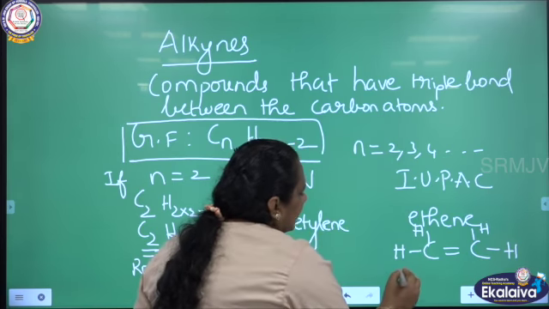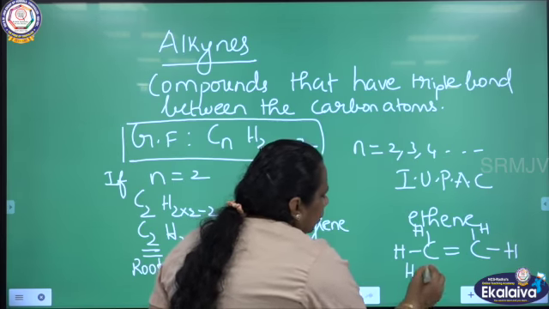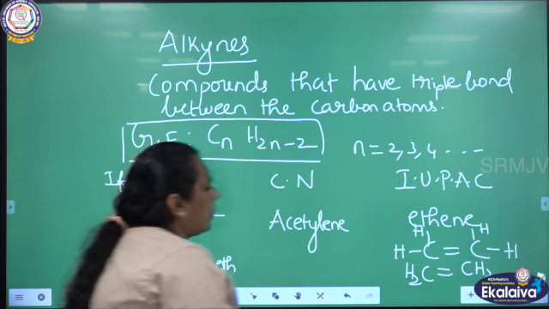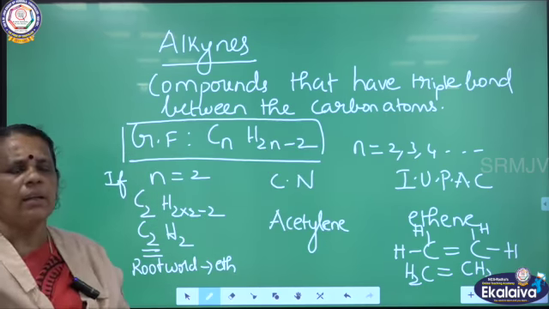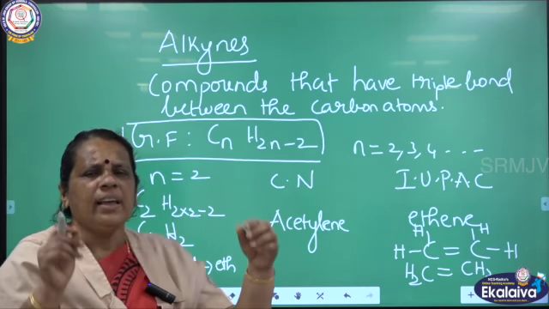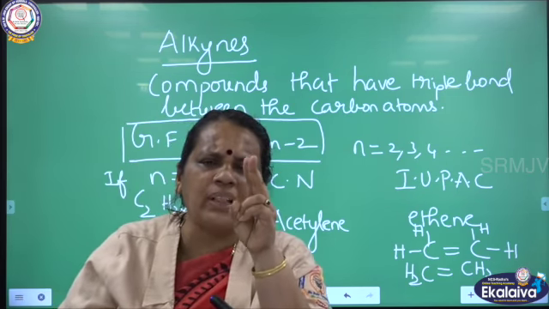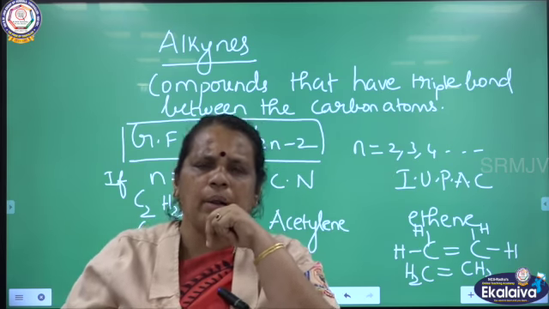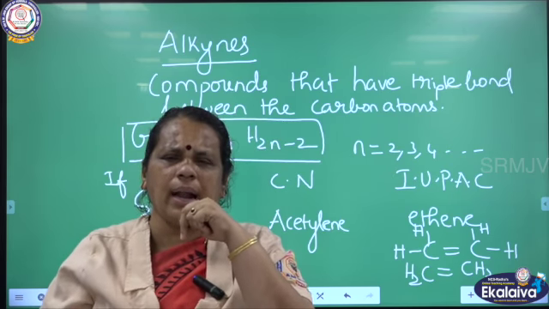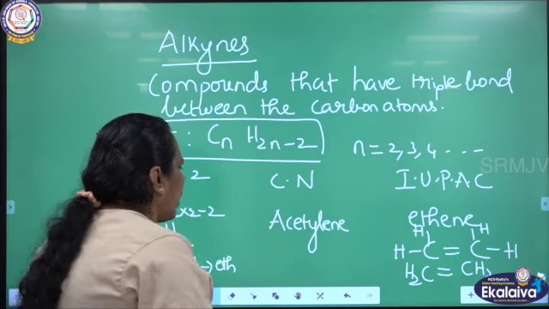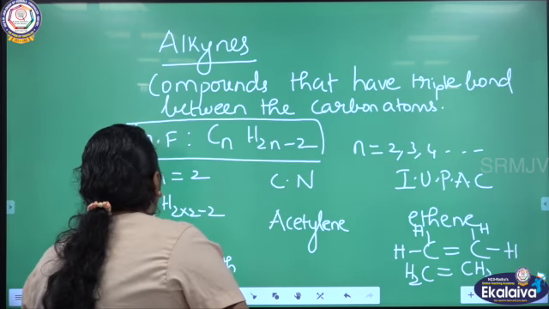So I will write the condensed formula: CH2 double bond CH2. What is the name of this compound? Ethene. So I have substituted n is equal to 2. Minimum 2 carbon atoms should be there in order to draw a double or triple bond.